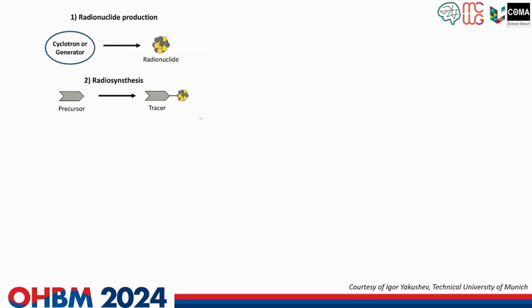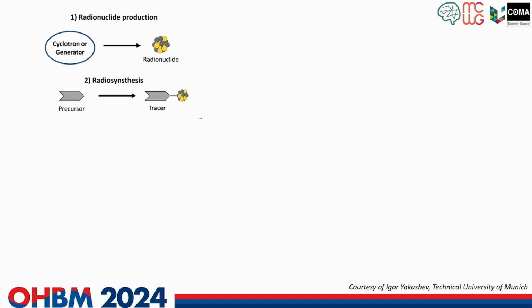So how does it work? If you want to do a PET scan, you first need to get your isotope of interest, which is an isotope that is emitting positrons. Then you have to bind your isotope to your molecule of interest to obtain a tracer. To do this, you normally need a cyclotron, but many tracers can now be ordered from the industry, so you don't necessarily need to have a cyclotron in place.